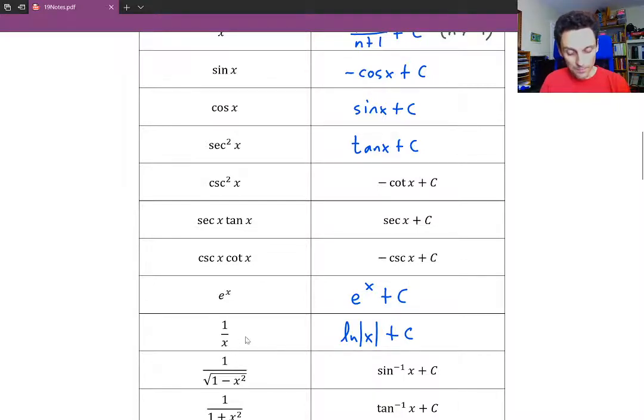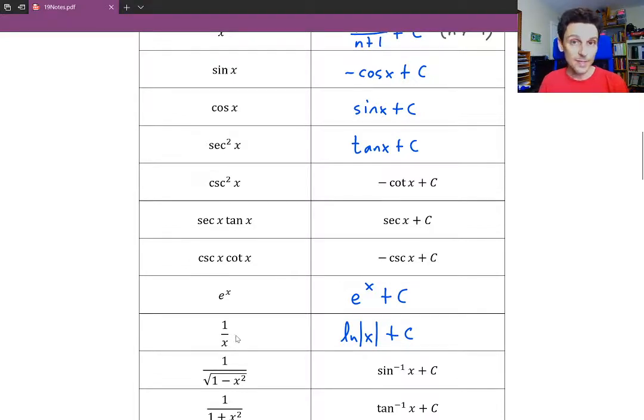So this way, both of these functions have a domain of all real numbers except for 0. When you put those absolute value bars around, now the ln absolute value of x can accept positive and negative numbers. Still can't accept 0, but it can accept positive and negative numbers. And it just turns out that the derivative of the natural log of absolute value of x is 1 over x. The rate at which this function changes is 1 over x.